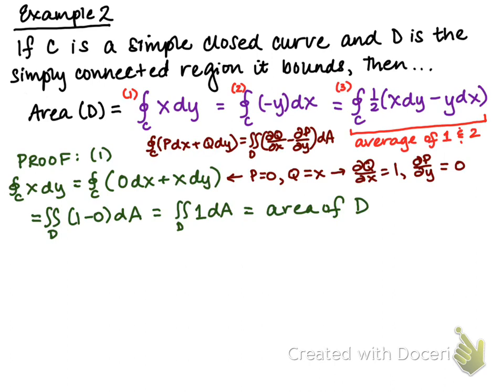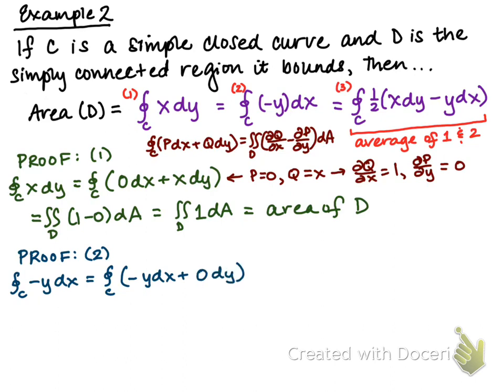Okay, so let's do one more here. So I'm going to go ahead and do 2. I'll prove 2 using an analogous method. Okay, so I have the line integral over C of negative y dx. Well, that's the line integral over C, positively oriented, of negative y dx plus 0 dy.